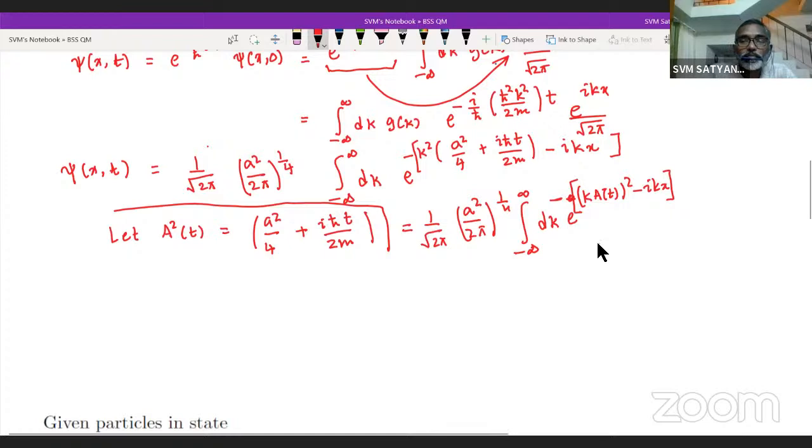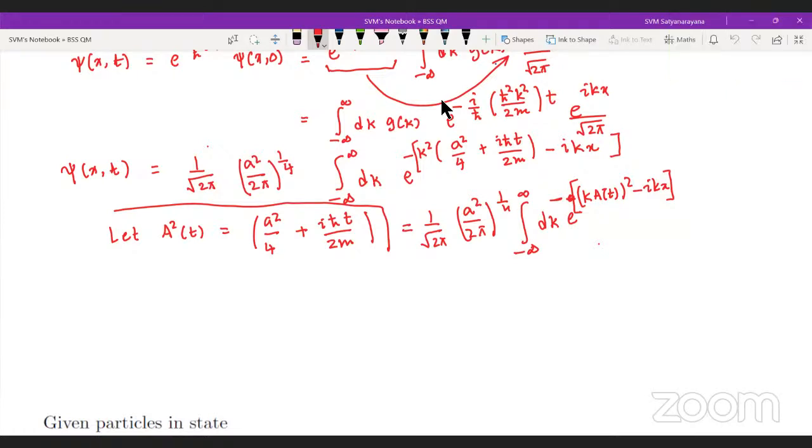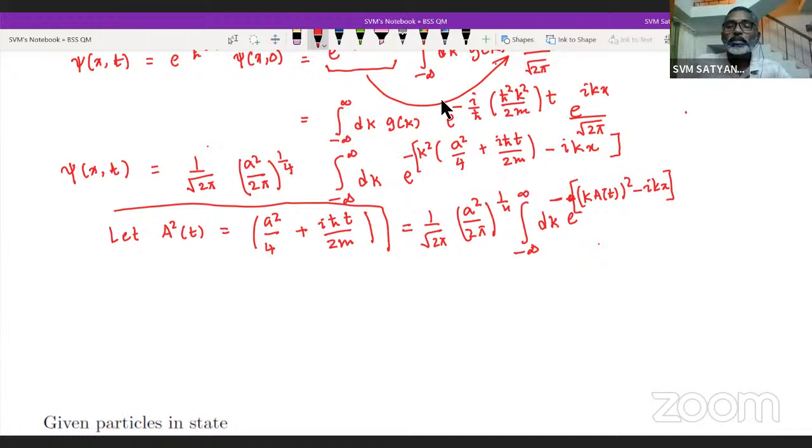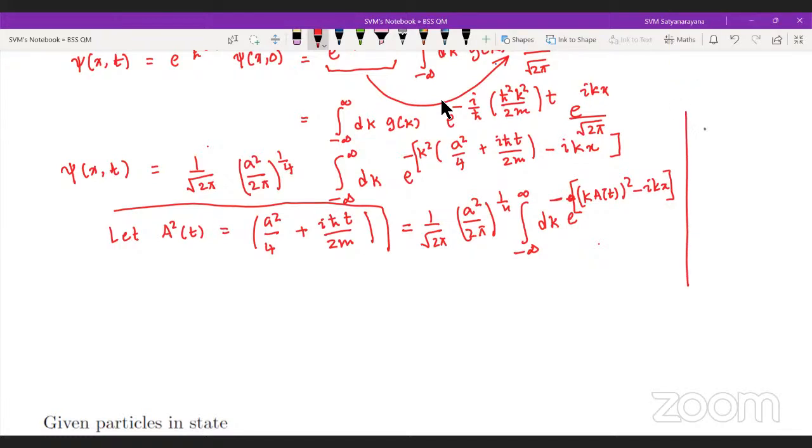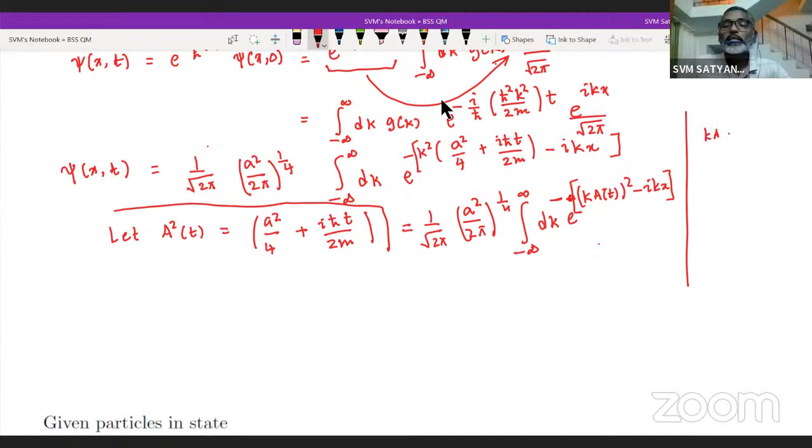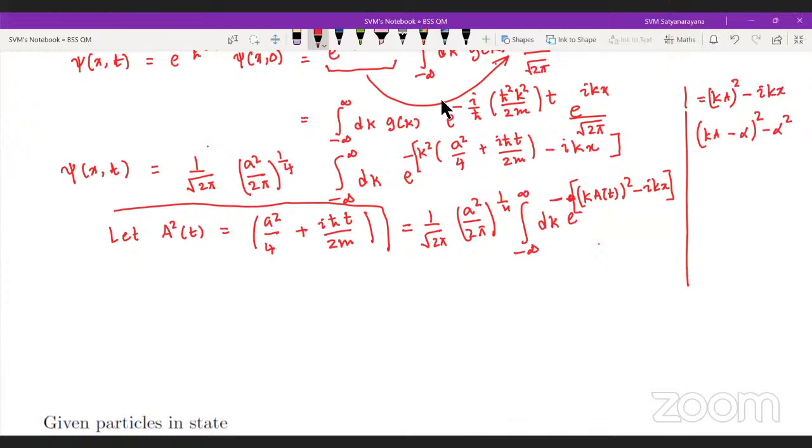Completing the squares. So can someone suggest, if you have followed our previous? Sir, minus alpha, like putting into the. So completing the squares, I write ka minus alpha, the square, minus alpha square, correct? This is equal to ka the square minus ikx. I want it to be like this.